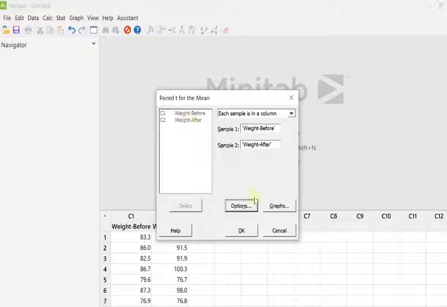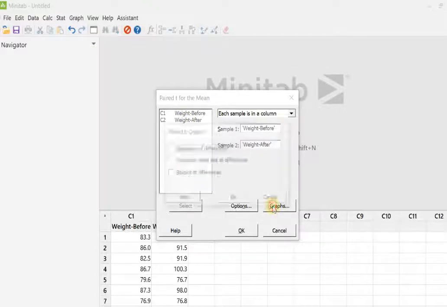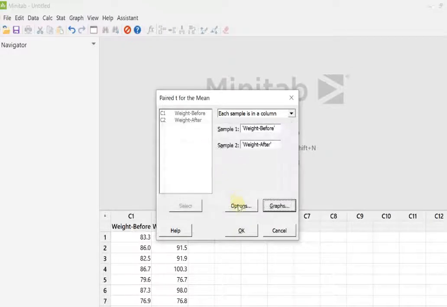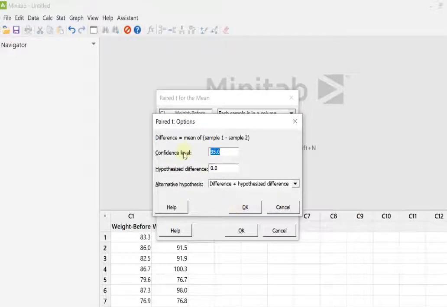So now let's go to our graphs. And here's how I got the histogram of differences, and here I got the box plot of differences. Individual value plot of difference, you can activate and see what that looks like, but I'm just going to check these two. Now I go to options, and in here this is where you actually determine the confidence level.